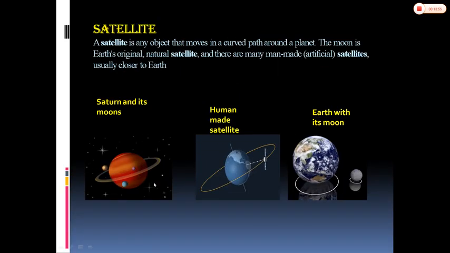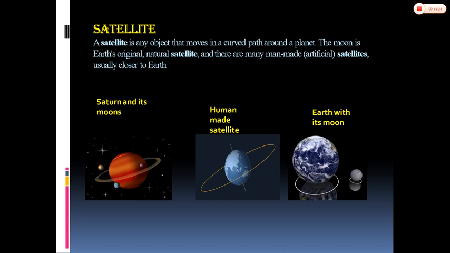Now we are going to understand the concept of satellite. A satellite is any object that moves in a curved path around a planet. The moon is Earth's original natural satellite, and there are some man-made satellites also. They are called artificial satellites.